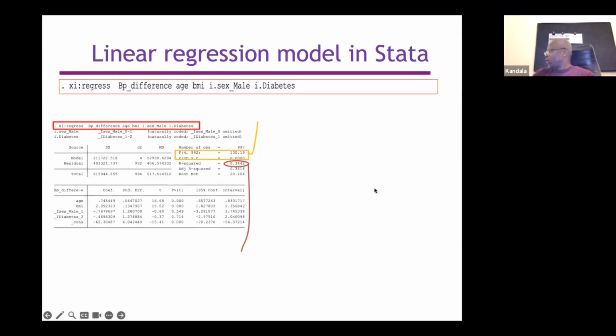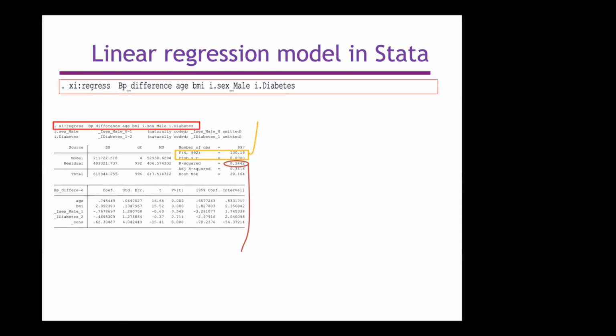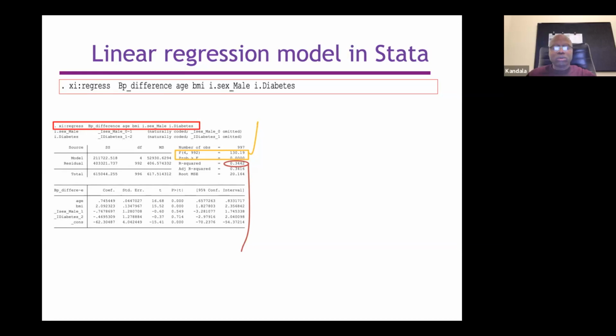So for that, you can look at the literature to determine what are the other variables that you need to include in your multiple regression model.